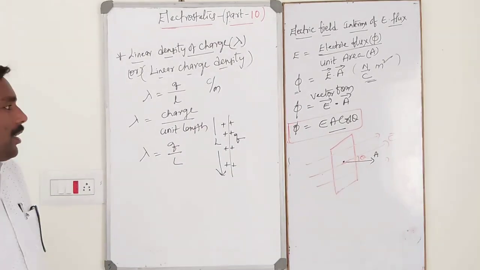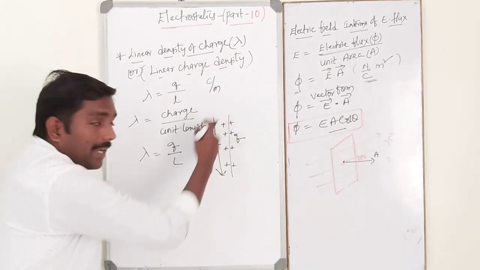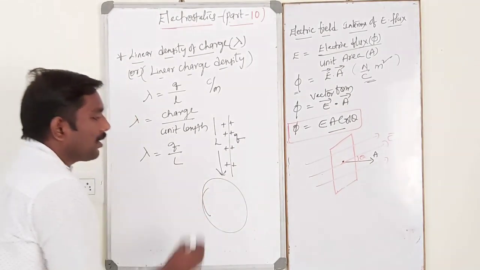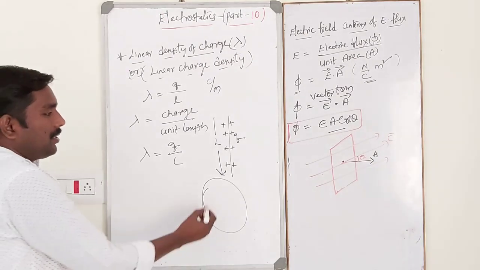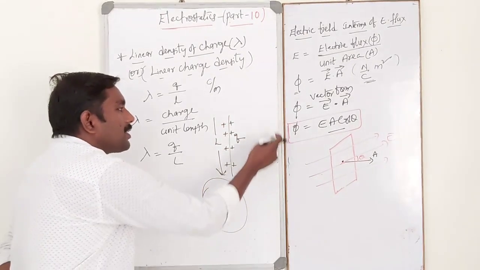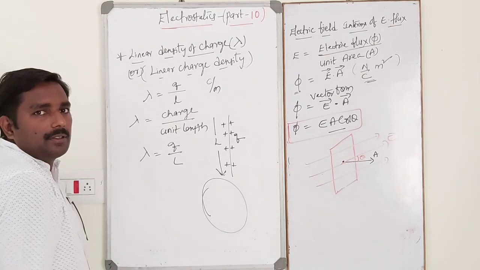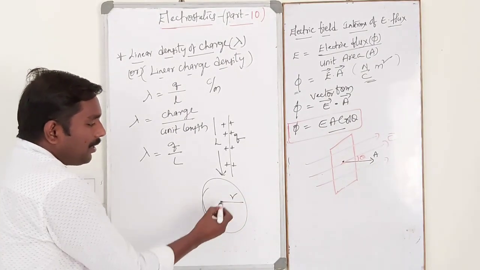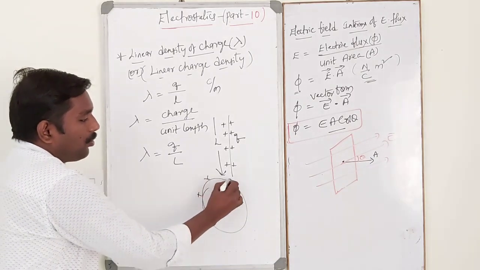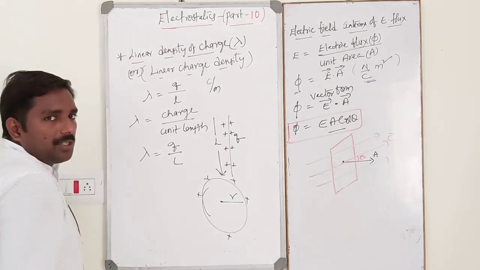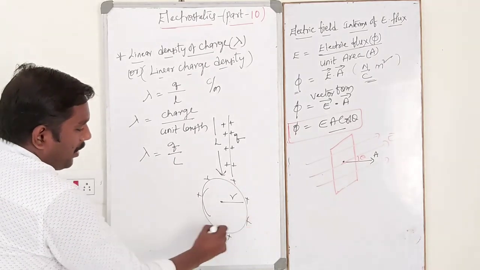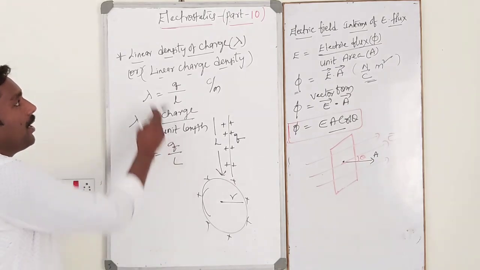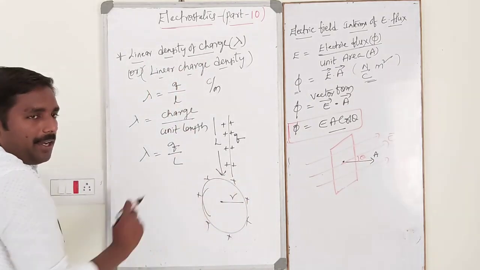Suppose the wire is converted in the form of a ring of radius r, like this. Of course, positive charge accumulates on its surface. So in this case, what is the linear charge density of the ring?